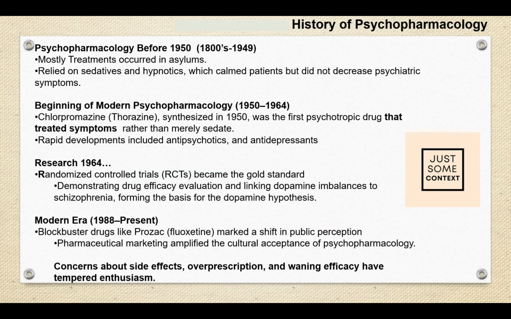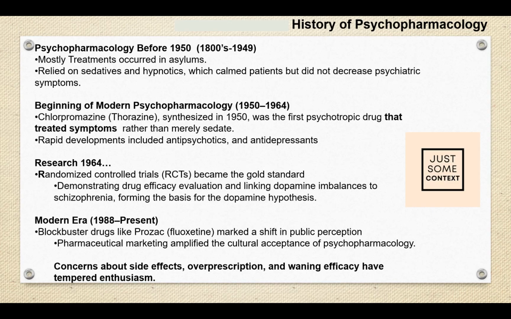All right. So before the 1950s, individuals with psychiatric disorders or mental health struggles were mostly treated in asylums. During this period, there really wasn't a medication for psychiatric disorders or psychiatric symptoms. Really, people were just sedated.